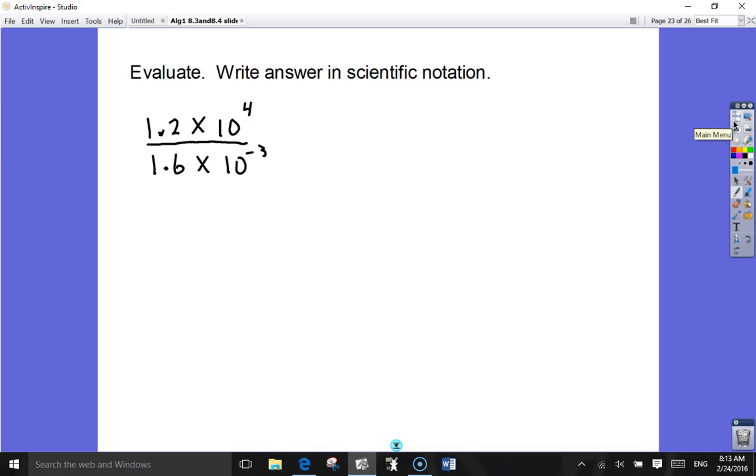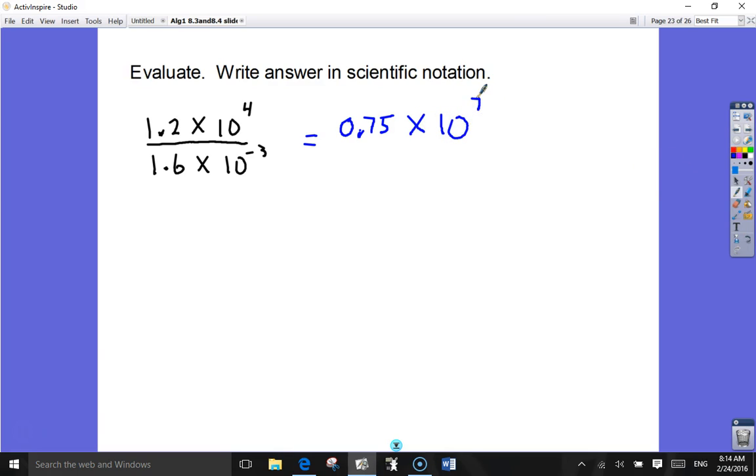Okay. So divide, right? So divide the first number. What's 1.2 divided by 1.6? Okay, now what are you going to do with the exponents? What is 10 to the fourth over 10 to the negative third? 4 minus negative 3 is plus 3, so it's 7.